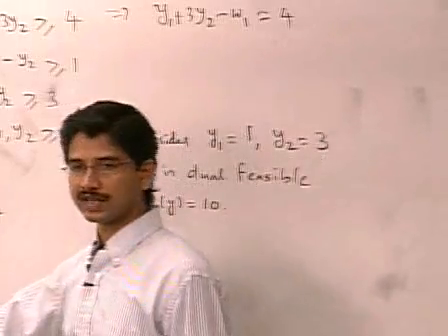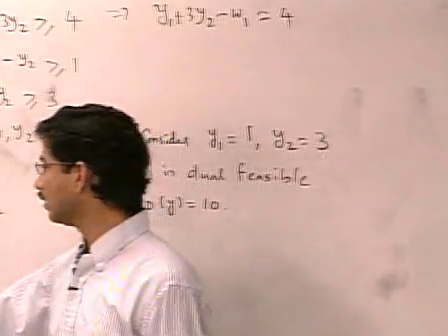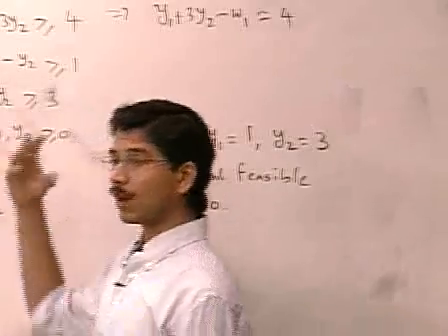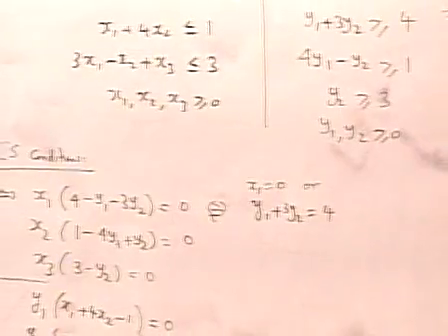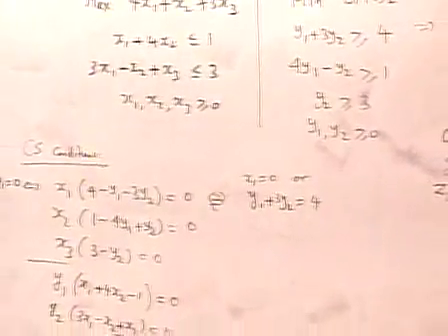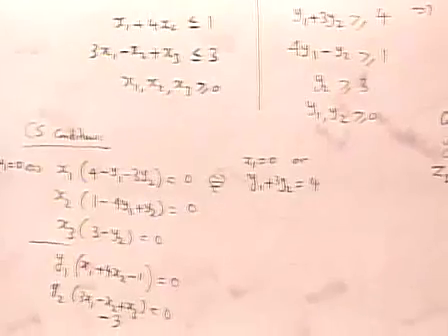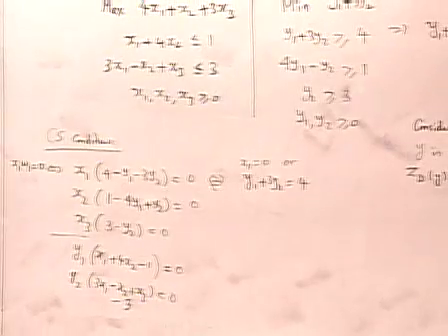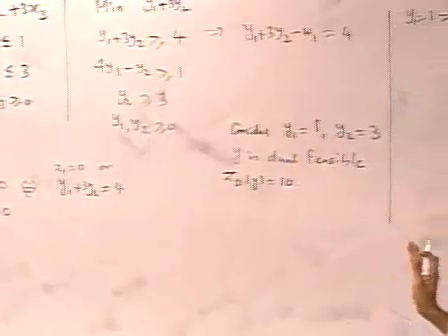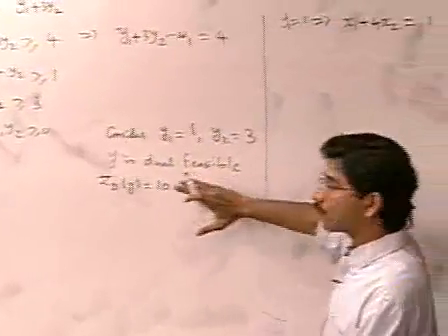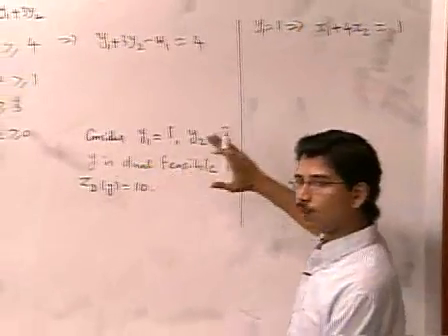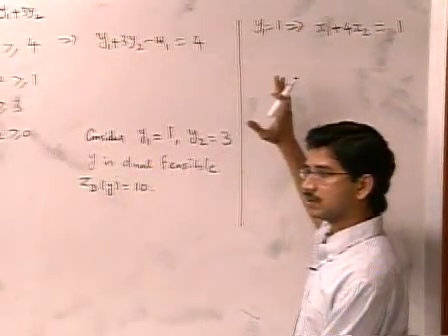This condition says whenever y1 is bigger than 0, then the corresponding constraint holds with equality. So y1 equals 1 implies x1 plus 4x2 equals 1. Now notice that we have dual feasibility. We want to work with the CS conditions and find an x.